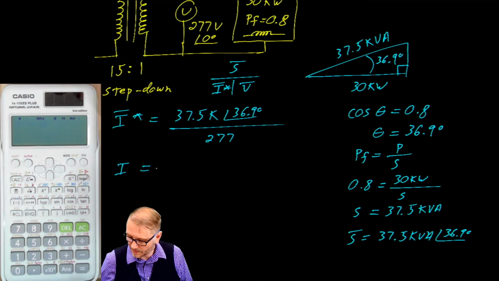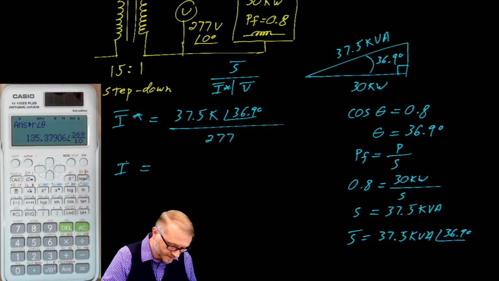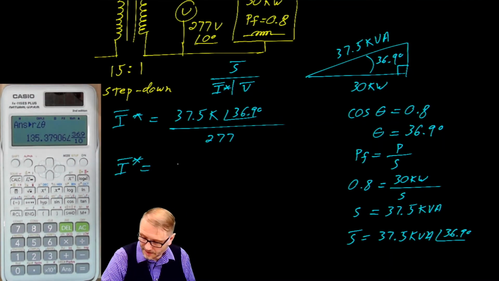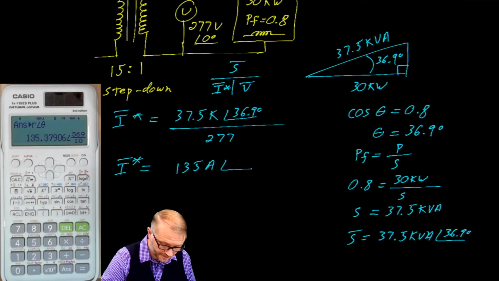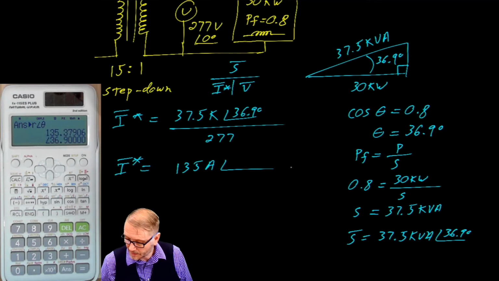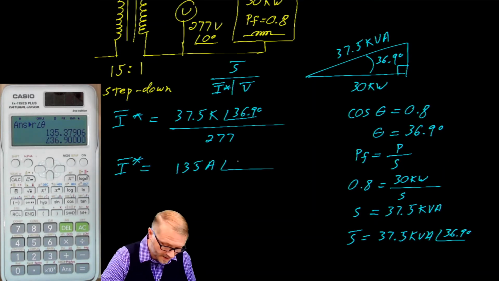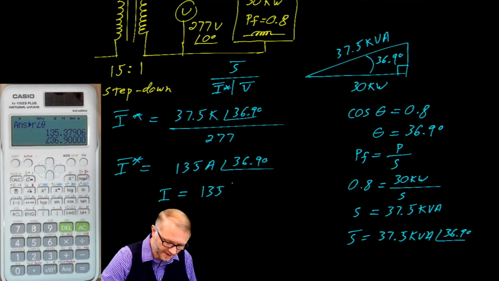And polar form, please. So that gives us a complex conjugate of 135 amps at a phase angle of 36.9 degrees, which works out to a current of 135 amps at a phase angle of negative 36.9 degrees.